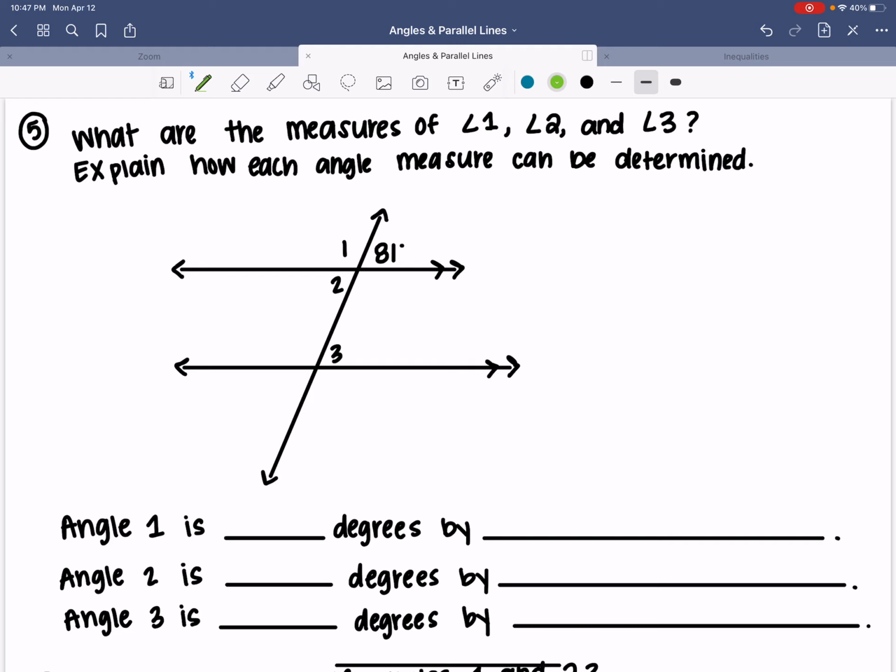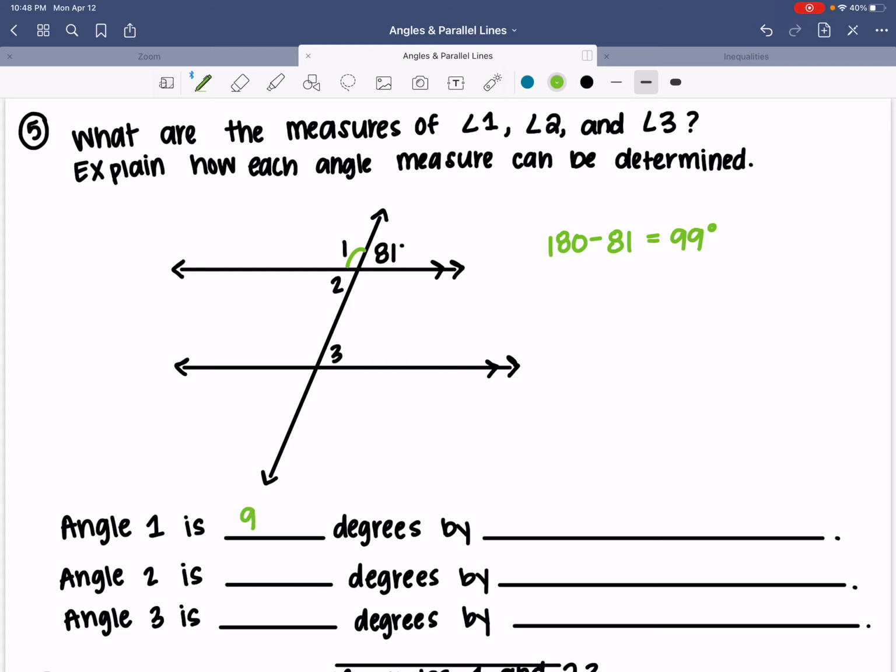So angle 1 is how much? Well, if this is 81, then the next angle beside it forms that straight line, right? So this angle plus this one makes a straight line. That's 180 degrees. So 180 minus 81 is going to give us 99 degrees.